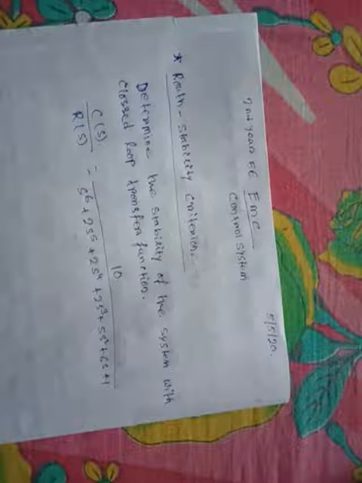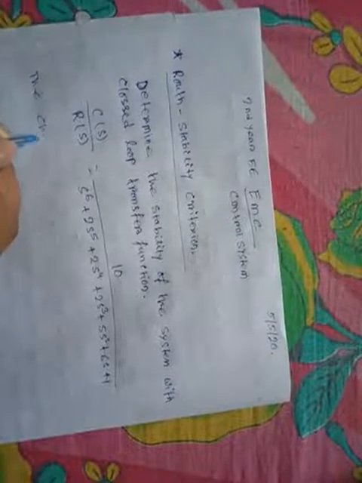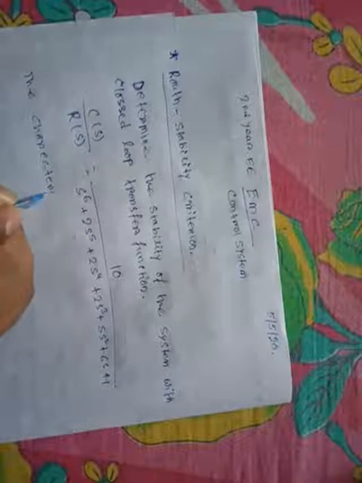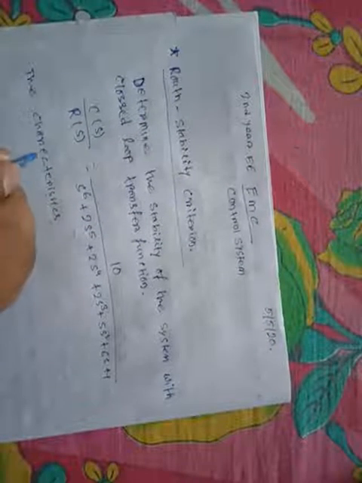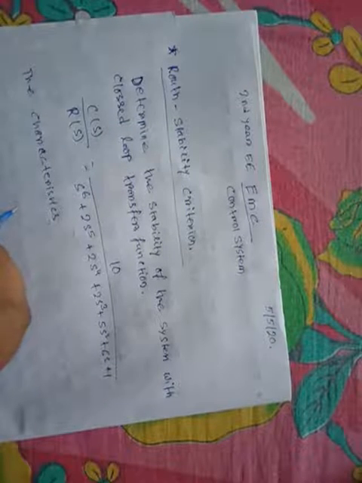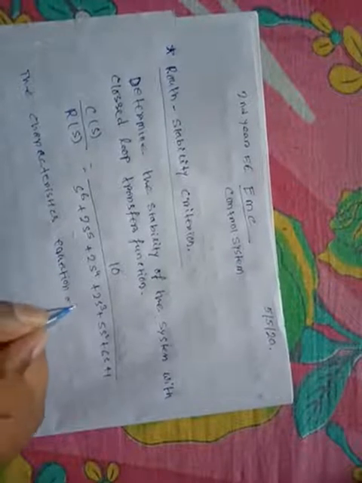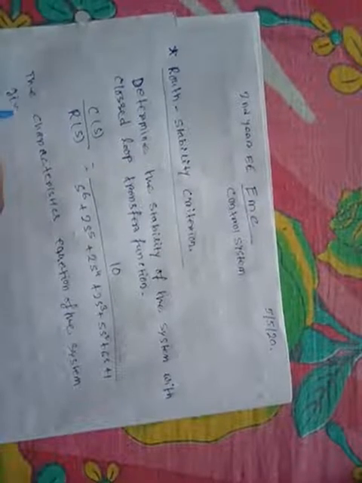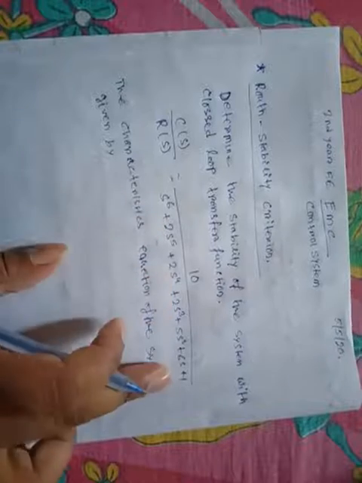The characteristic equation of the system is given by the denominator part of the transfer function, and it is called the characteristic equation.